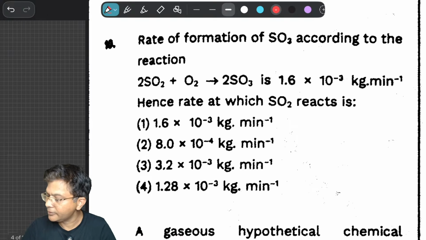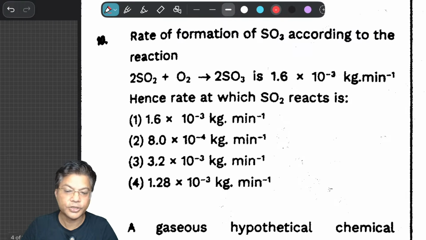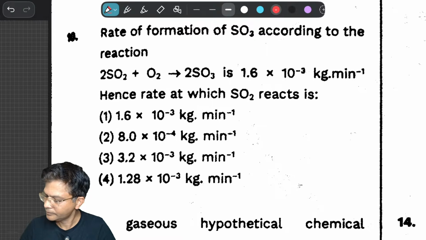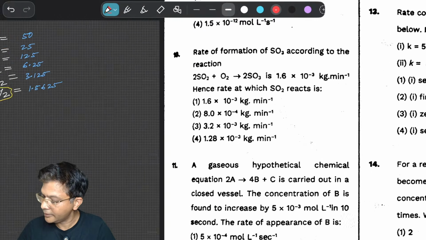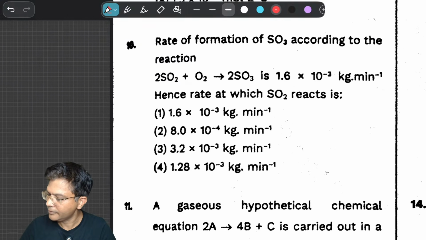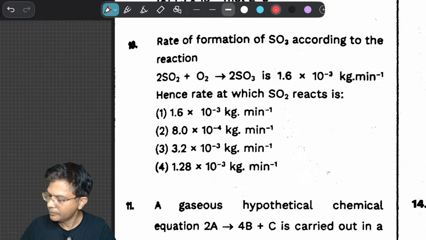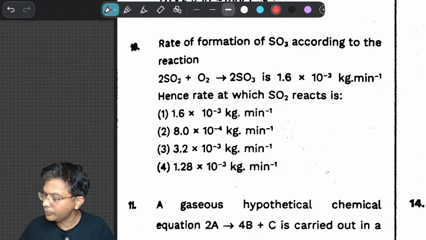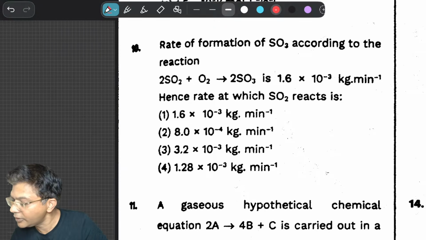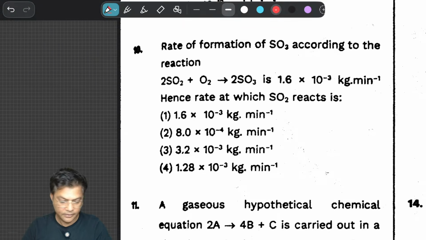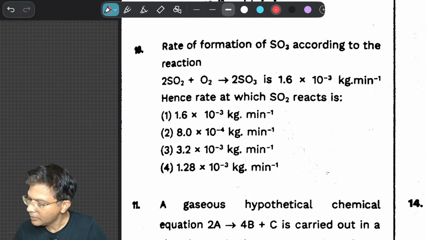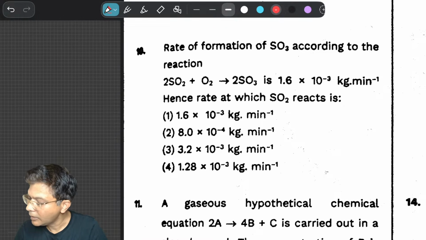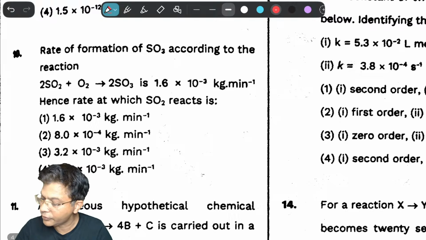Question number 10. Apply this formula. See to it, everyone. The rate of formation of SO3.